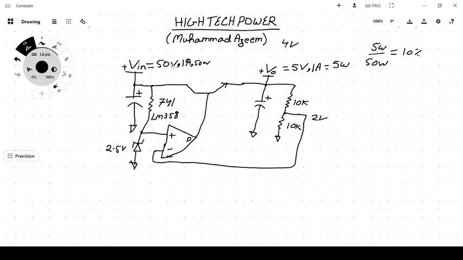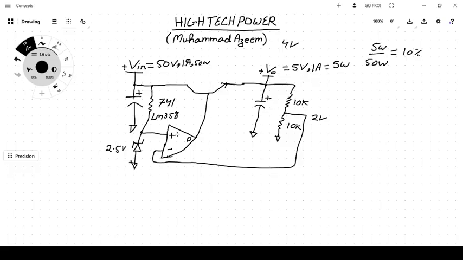So in order to increase the efficiency, people thought of some clever ways. For example, they thought to implement the comparator instead of the op amp.